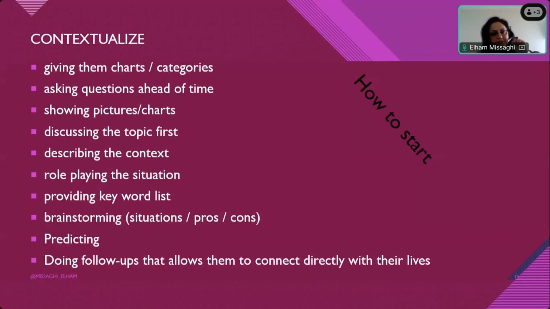Before playing the listening for the students, you put them in the context, then there should be a reason for any activities that you have in the class. Why do I, as a student, need to listen to this audio? You give them the reason. I want you to listen and answer these questions.